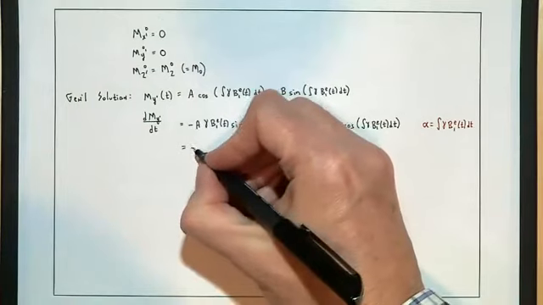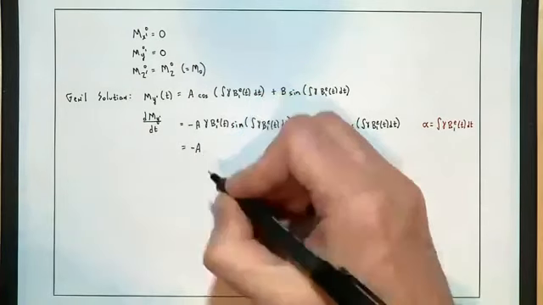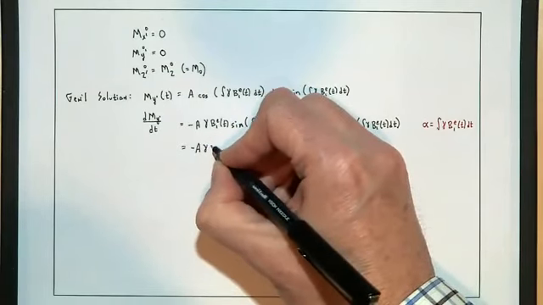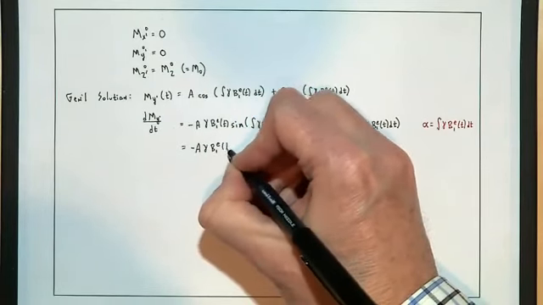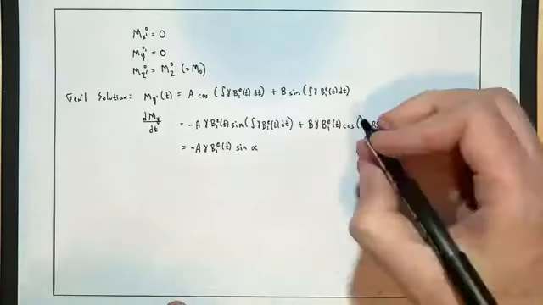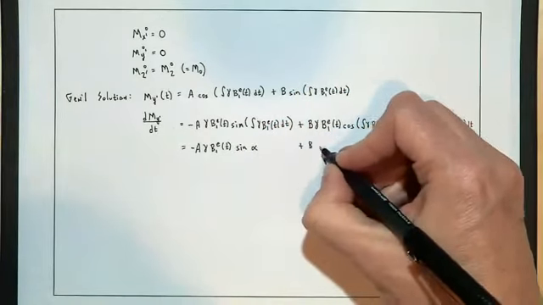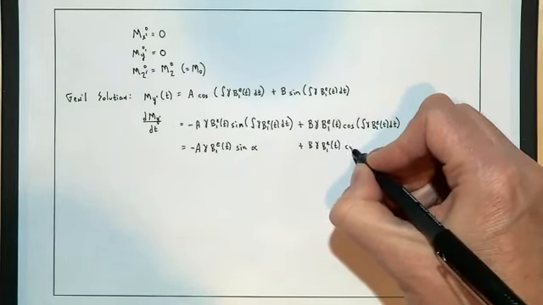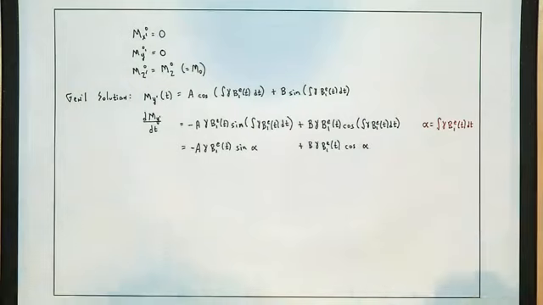So all I'm going to do is make that substitution and say that my time rate of change is just minus A gamma B1e(t) sine alpha plus B gamma B1e(t) cosine alpha.